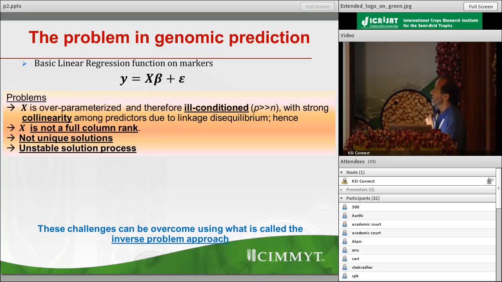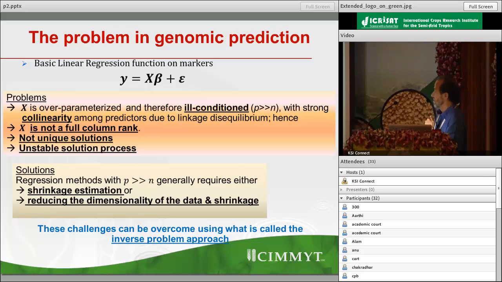It has a very strong collinearity among the markers due to LD. Therefore, it is not full rank, there is no unique solution, and the solution is unstable. Therefore, we need to seek solutions to this big problem in statistics.